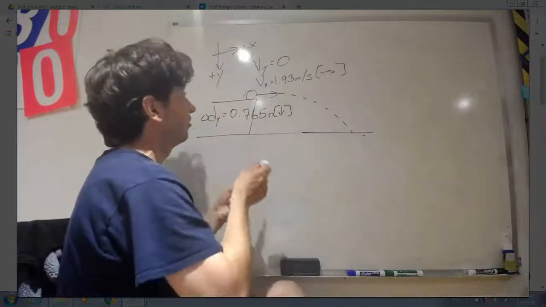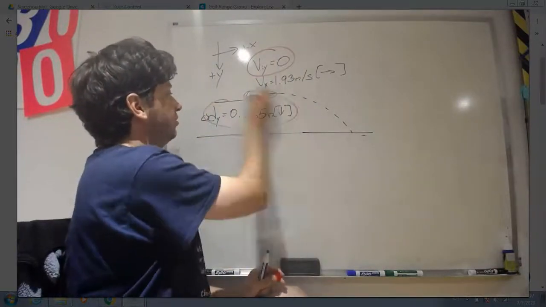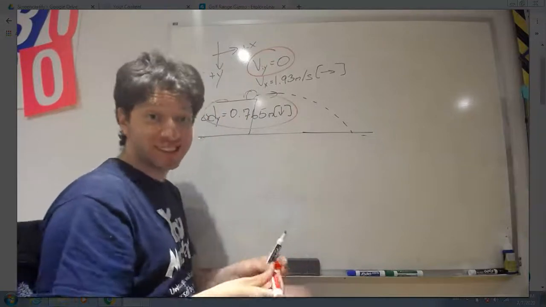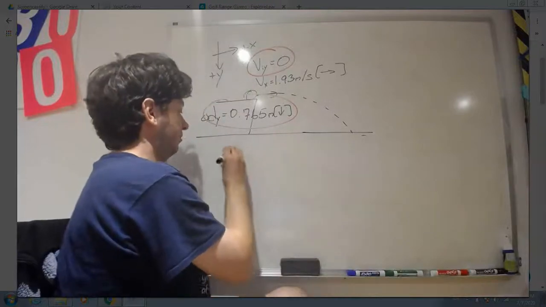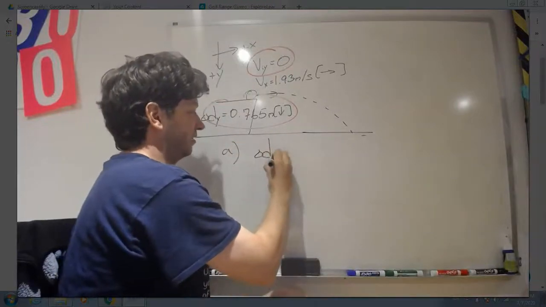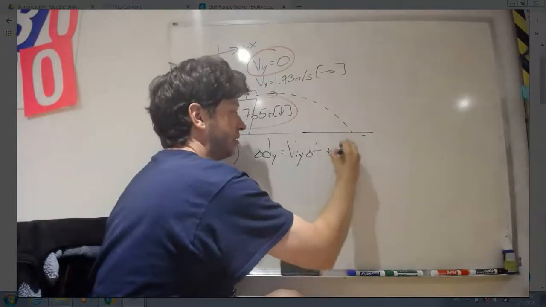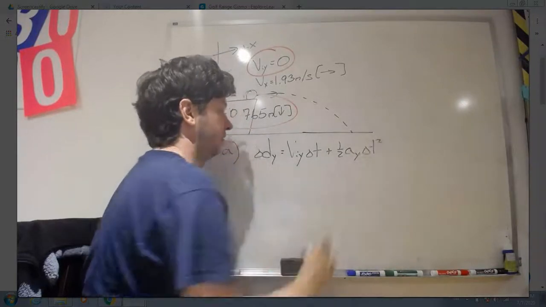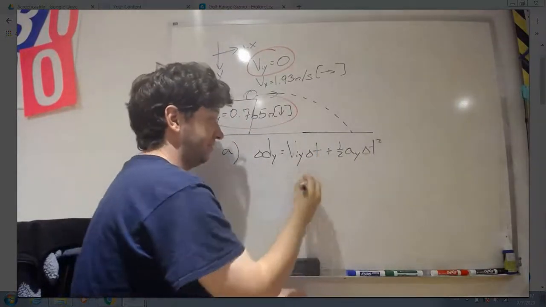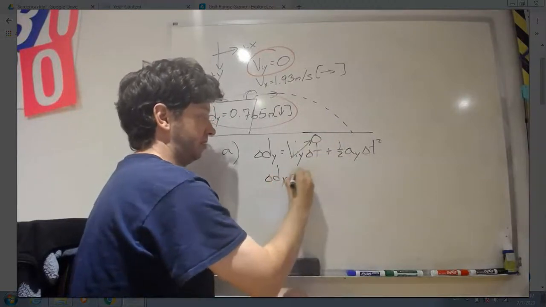And it looks like we have 3 pieces of information. This is 1, this is 2, and our third one is, of course, acceleration due to gravity. So I can use this equation to solve for part A. Our displacement in y is v_iy delta t plus 1/2 a_y delta t squared. v_iy is 0, so this whole term is just going to disappear.